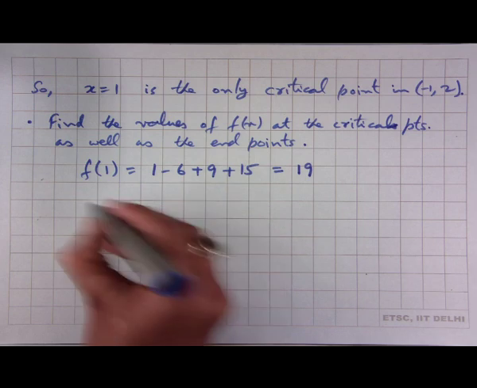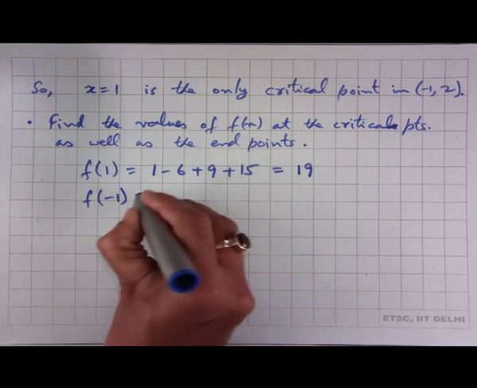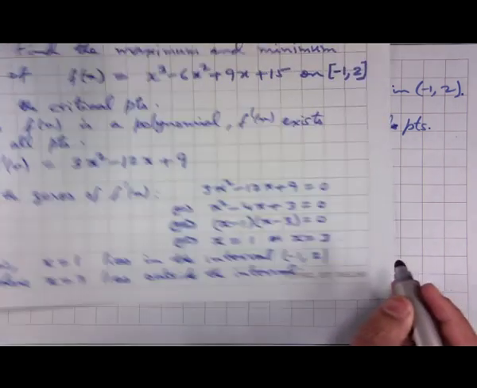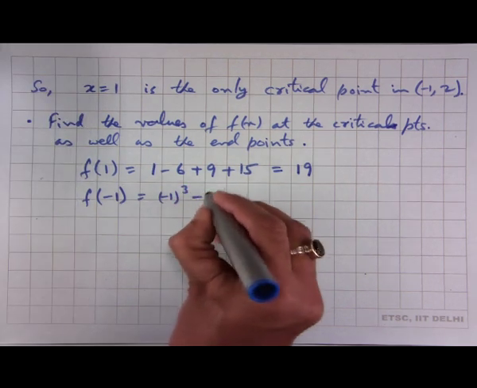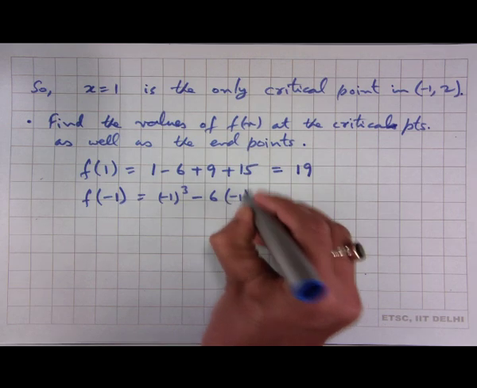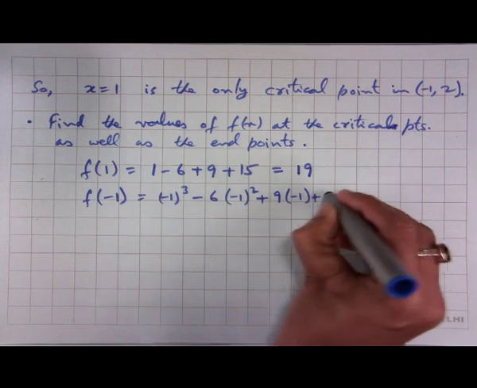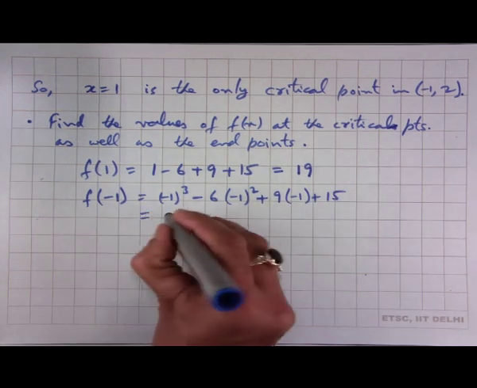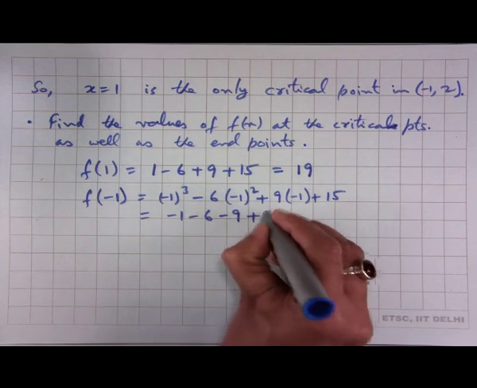And then at the end points, f at -1 is equal to -1 cube minus 6 times -1 squared plus 9 times -1 plus 15. This is equal to -1 minus 6 minus 9 plus 15.